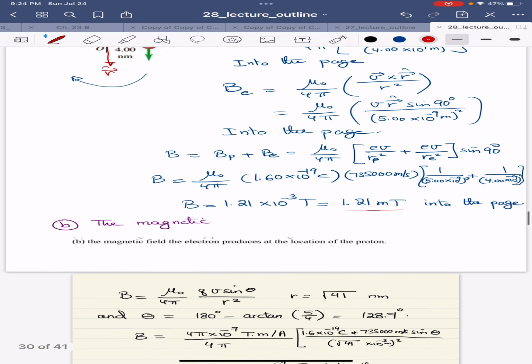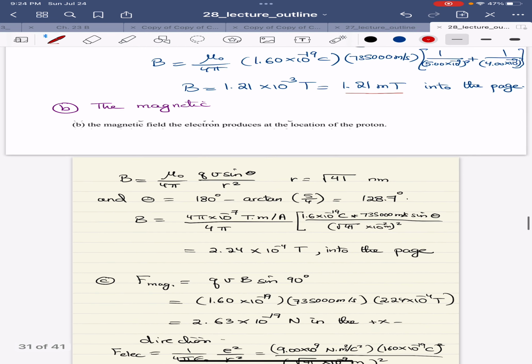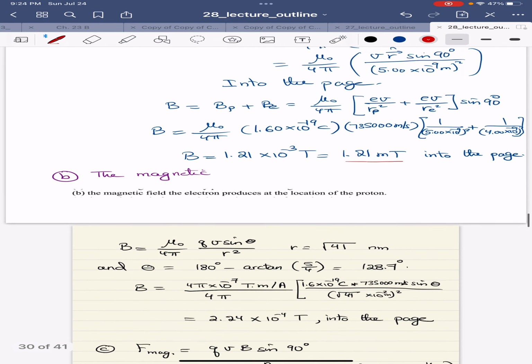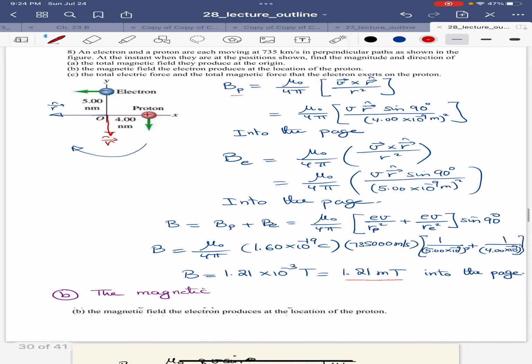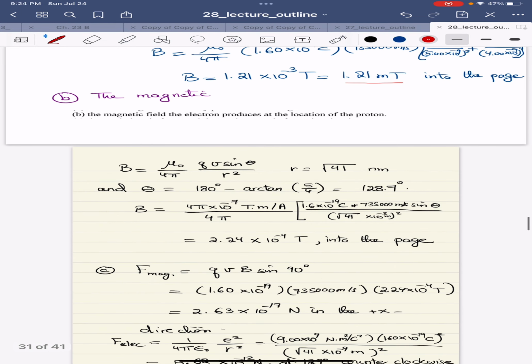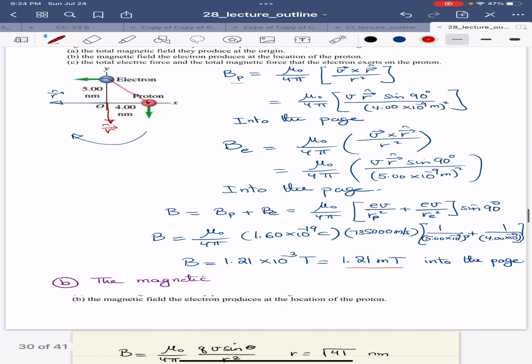The second question: the magnetic field the electron produces at the location of the proton. Here we need to calculate first what the distance is, and that distance is going to be the square root of 25 plus 16, which is 41.